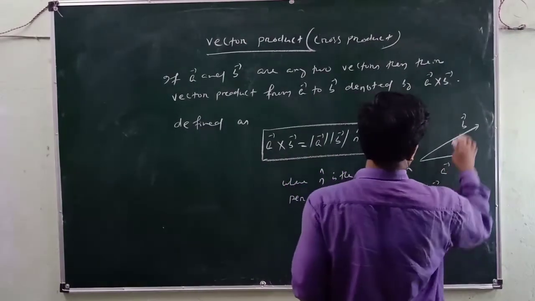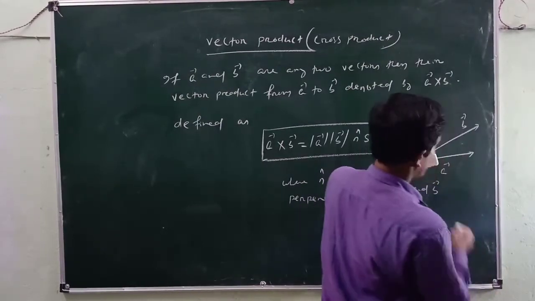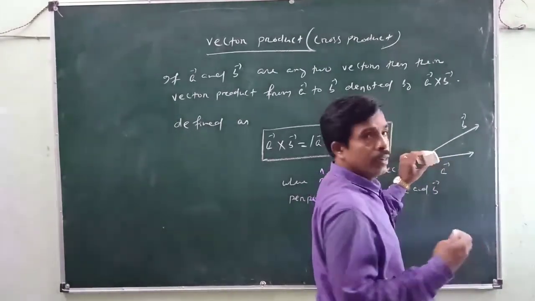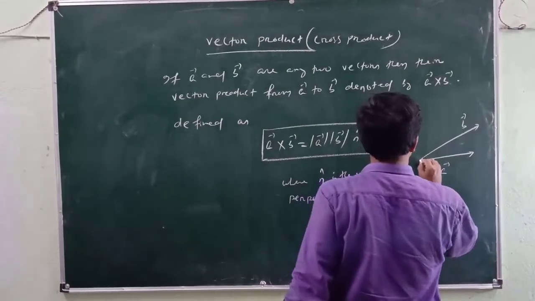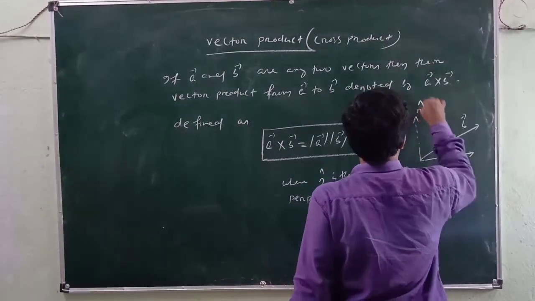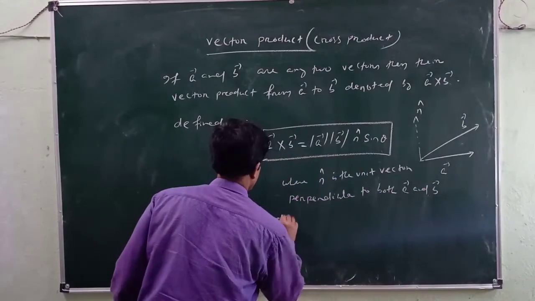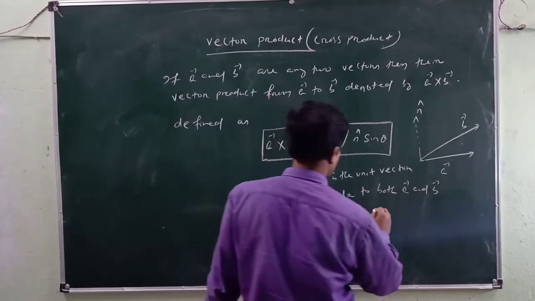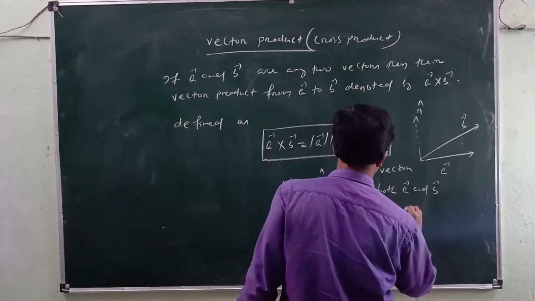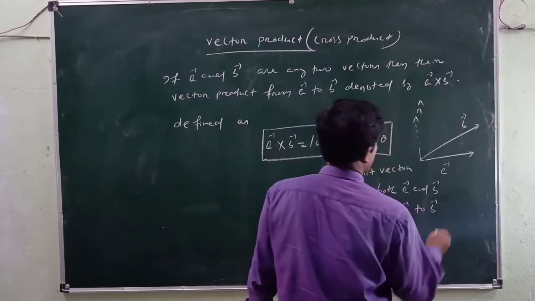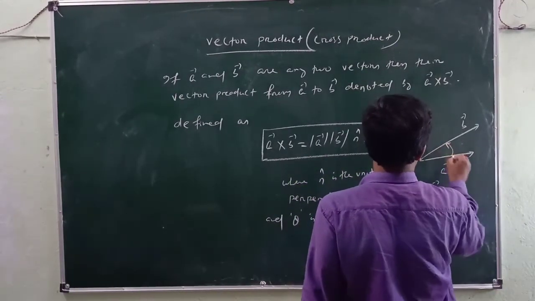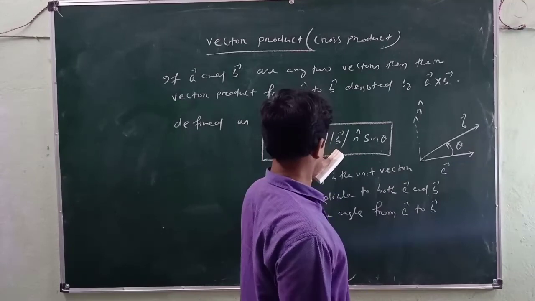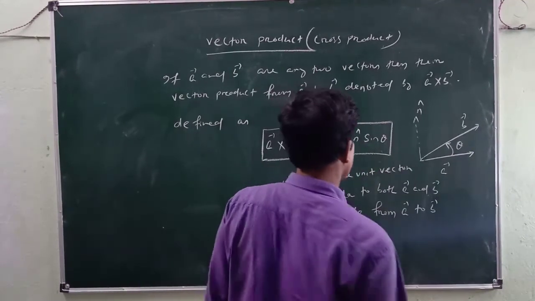That means this resultant is perpendicular to both A and B. Then you find its unit vector. So suppose this is the n cap, and theta is the angle from A to B. So A cross B will be A magnitude, B magnitude, n cap into sin theta.